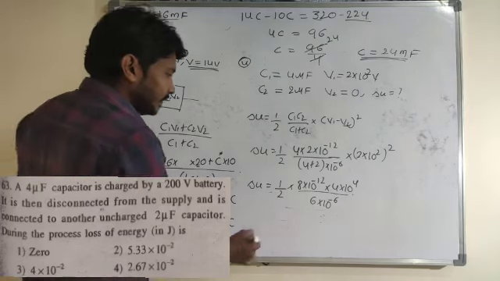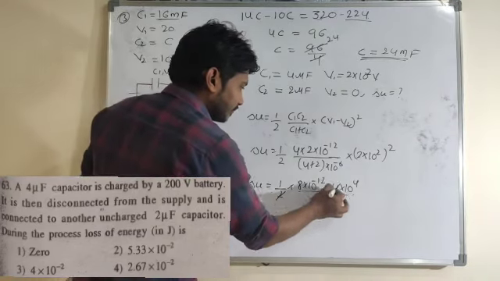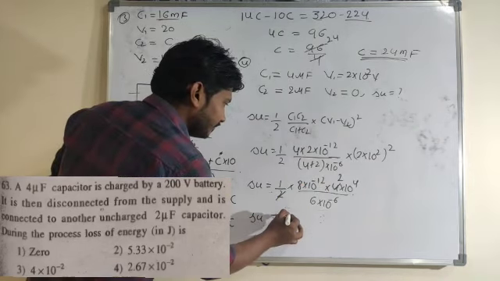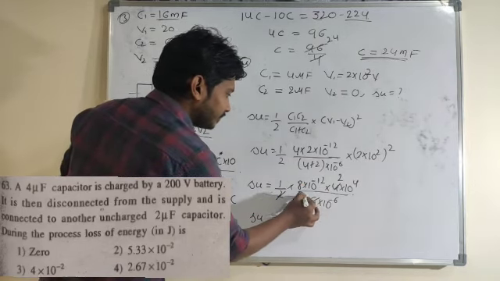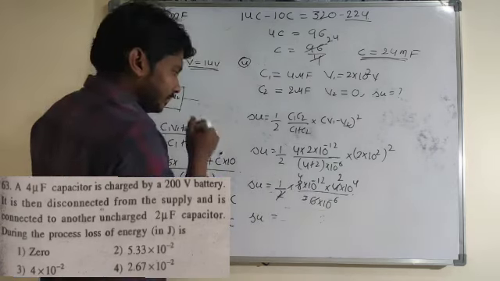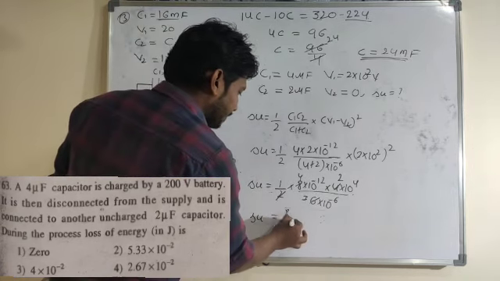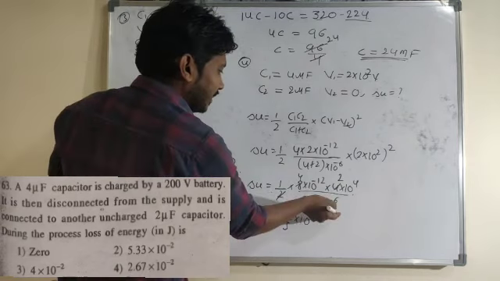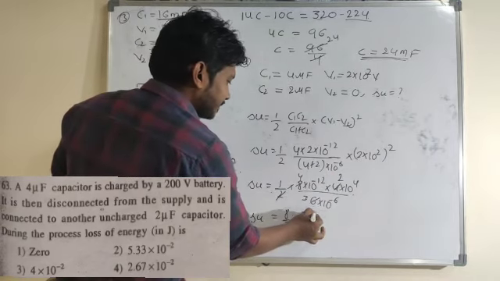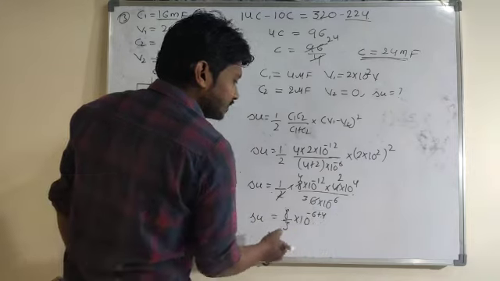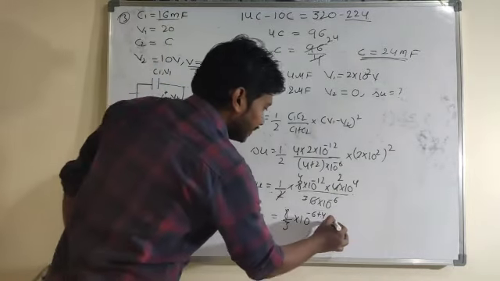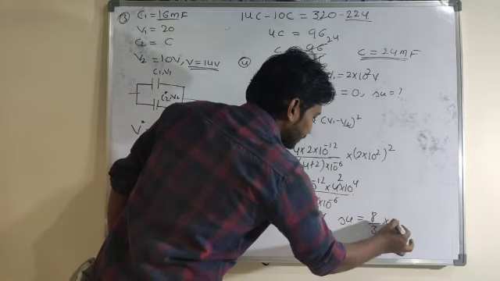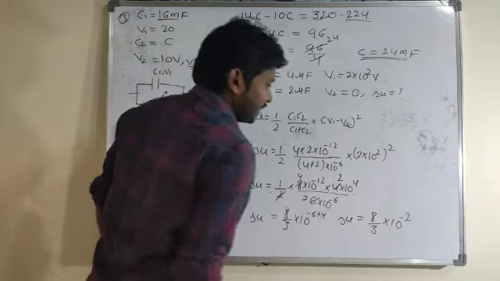So look here. Delta U is equal to 8 by 3 into 10 to the power of, so minus 12 plus 6 minus 6 minus 6 plus 4, so that is 10 to the power of minus 2. So delta U is equal to 8 by 3 into 10 to the power of minus 2.